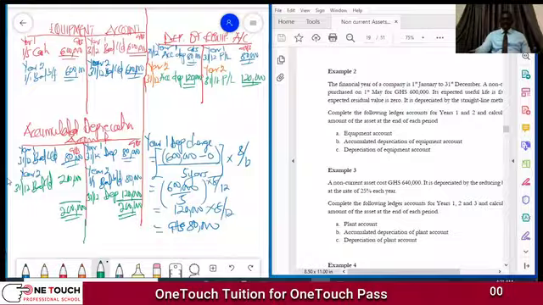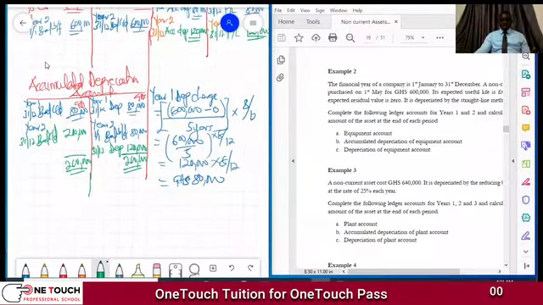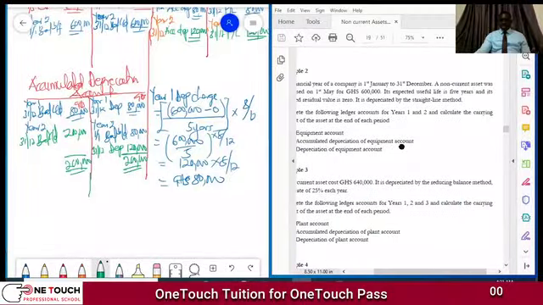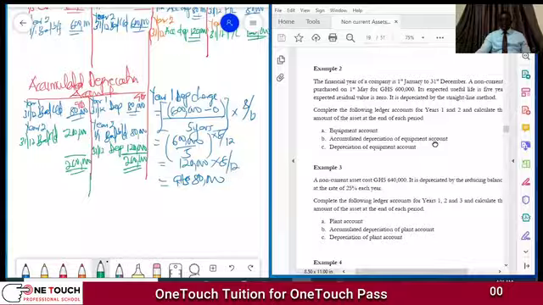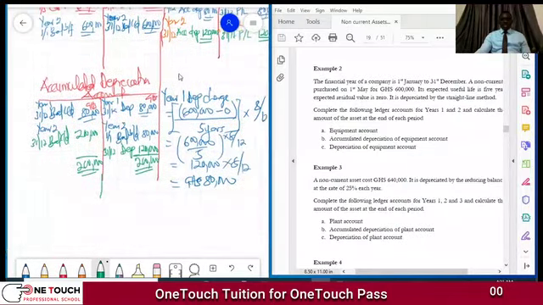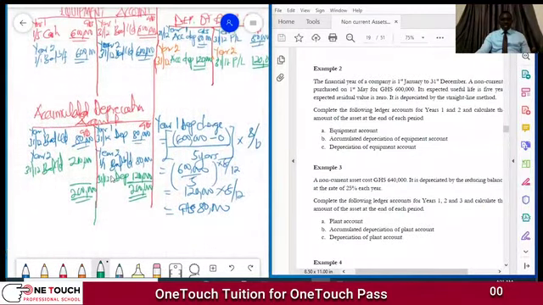So these are the ledger accounts. And then at the end of year 2, to determine and calculate the carrying amount of the asset at the end of each period.